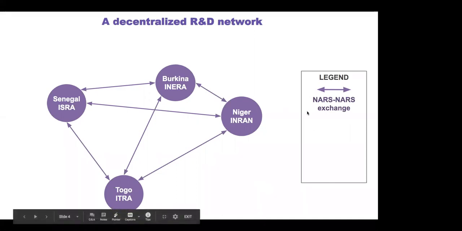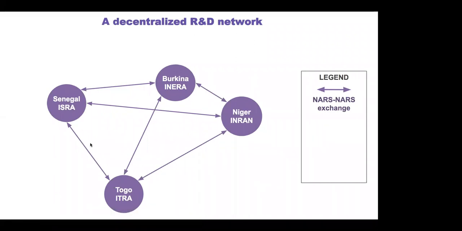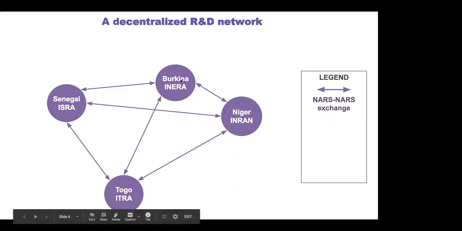The core of the network is this NARS exchange between our 4 NARS breeding programs at ISRA in Senegal, in Niger, in Iran, and then formally adding 2 NARS in the second phase, Burkina, Inara, and Togo, ITRA.